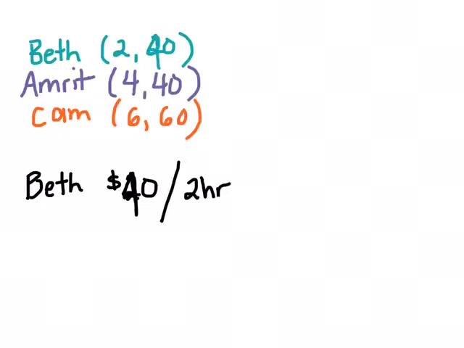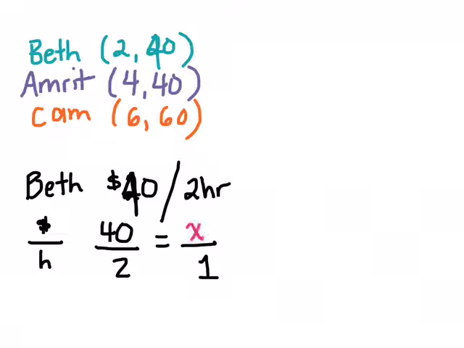I'm going to write this as a proportion, relating her pay and hours. She makes $40 for every 2 hours, but I want to know what she makes in 1 hour. So let's call this x.